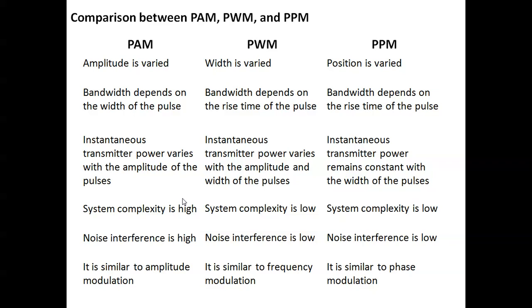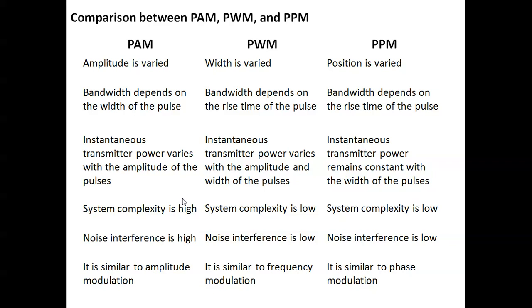Now the comparison between PAM, PWM, and PPM. In PAM the amplitude is varied, in pulse width modulation the width is varied, and in pulse position modulation the position is varied. Bandwidth in PAM depends upon the width of the pulse, and in PWM and PPM bandwidth depends upon the rise time of the pulse.